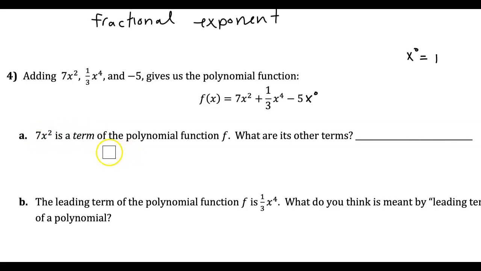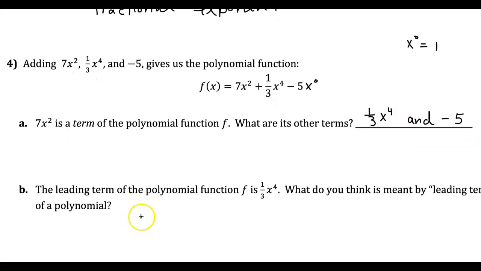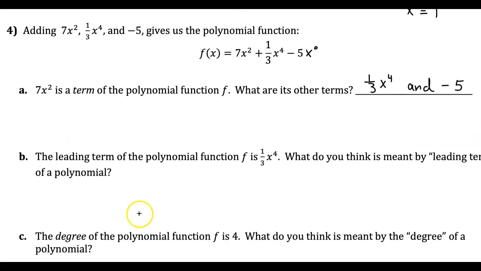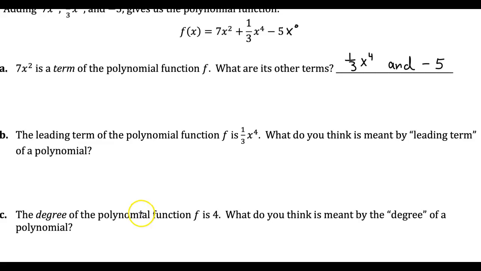If 7x squared is a term of the polynomial, what's another term? Well, 1/3 x to the 4th is a term, and also -5 is a term.